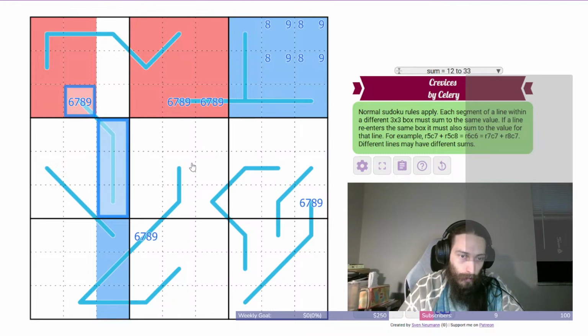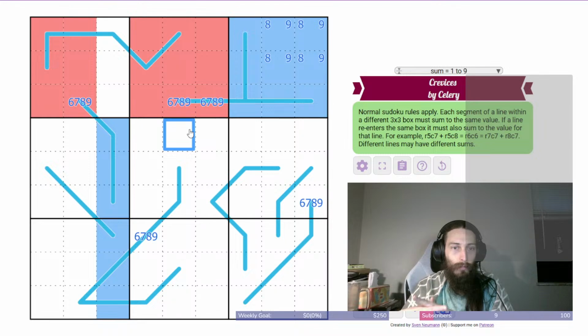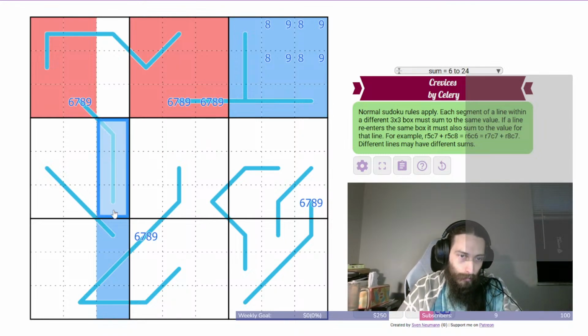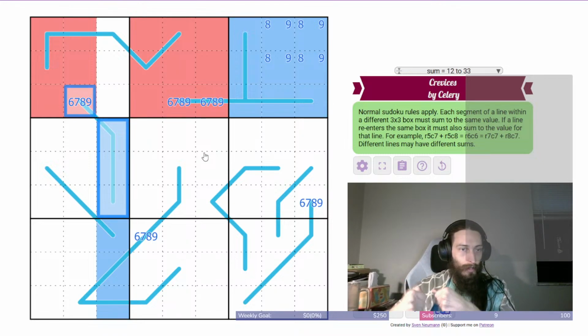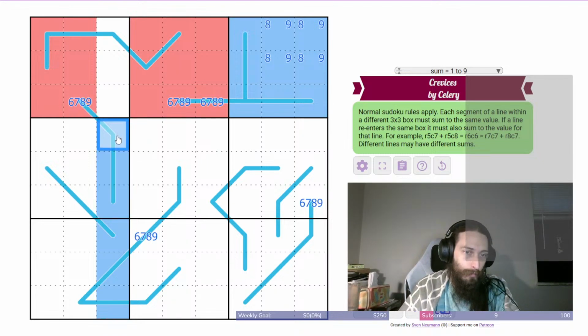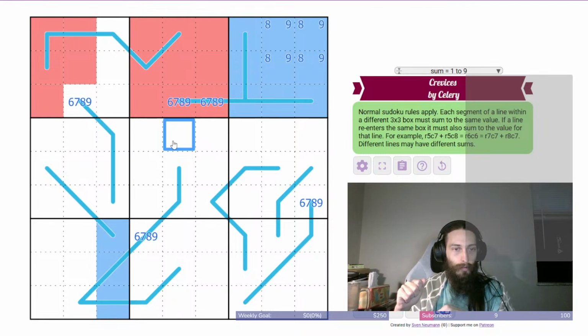Red has the same sum as blue because they're the exact same digits, and we can see that this group sums to that digit. So while we're not removing the same digits, if we remove these, they sum to the same as this one, and so they can be removed, and red and blue still sum to the same value. We just took out the same amount of value from both groups.